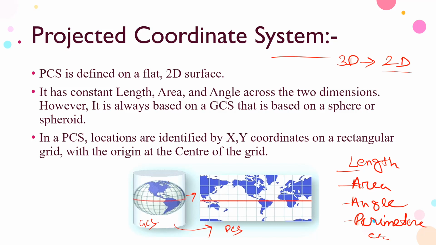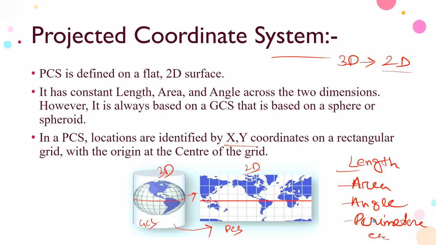When it's in 3D, it's known as GCS. When it comes to 2D, it's known as PCS. In a PCS, locations are identified in XY coordinates on a rectangular grid, and there is also an origin from where the measurement is done, which is known as the center of grid.